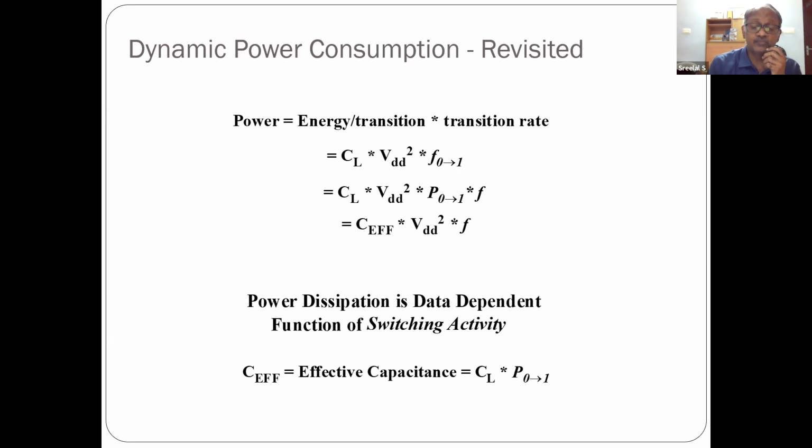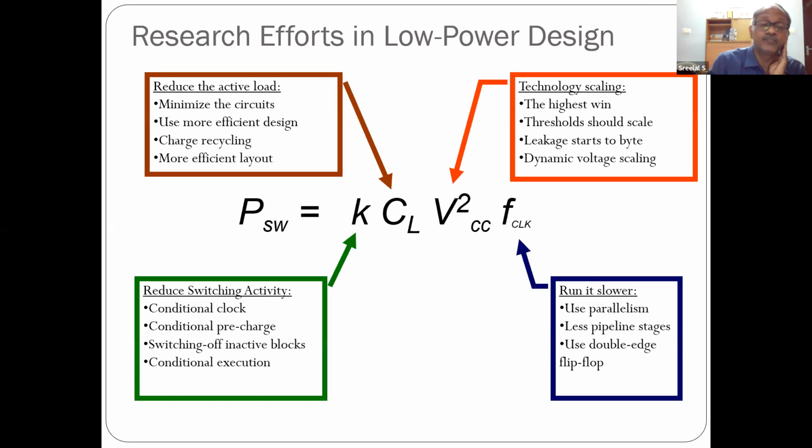C effective is an effective capacitance which is given by CL into the probability of 0 to 1 transition. P indicates the probability of 0 to 1 transition, and F indicates the clock frequency in this equation.